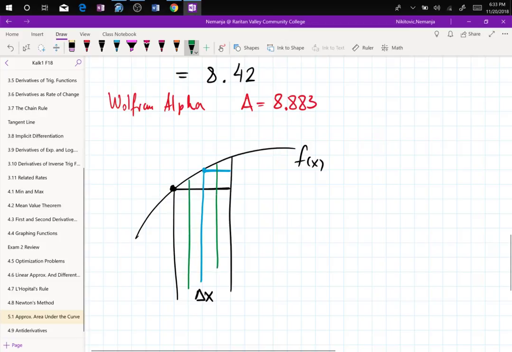So cut this in half. Draw the rectangles over here. And look at that now. So now this is no longer error. This is no longer error. This is no longer error. So a lot of stuff is no longer error.